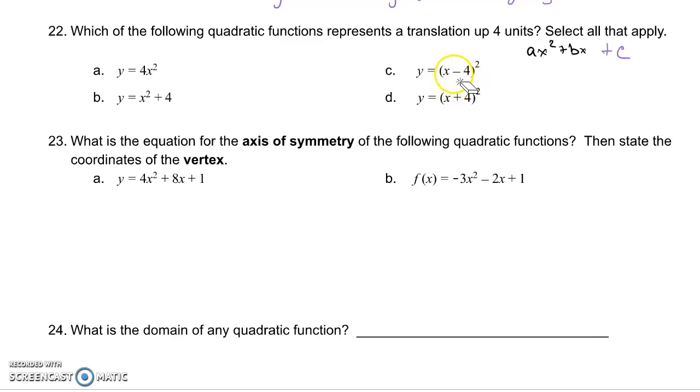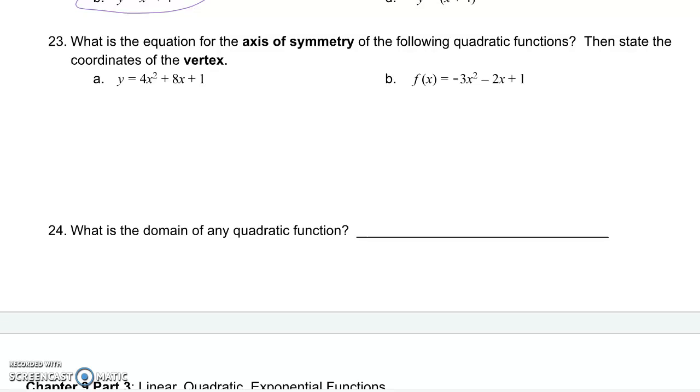In this case, this is a little bit complex, but if we put these in standard form, we would have plus 16 as my constant, plus 16 as my constant. Here my constant is 0. This is the only one that's plus 4. This is our translation up 4 units.